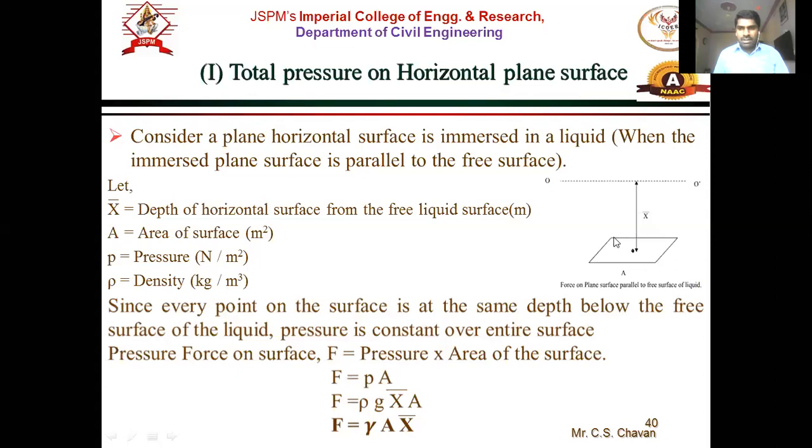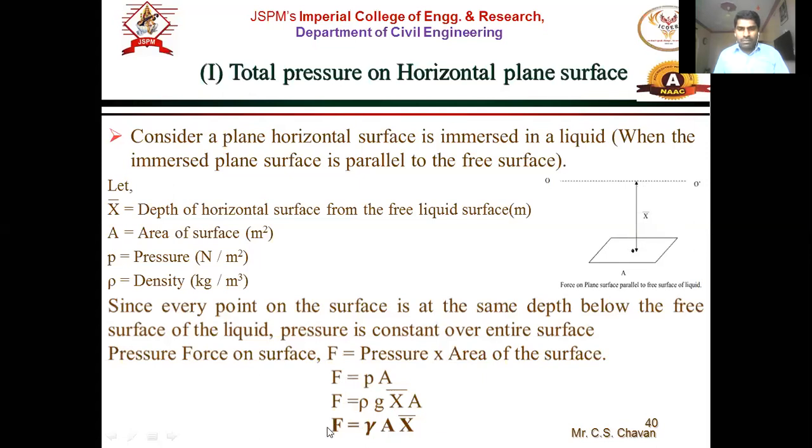So the pressure is constant, therefore P into area will give you the pressure force or the total pressure. So total pressure is nothing but P into A, pressure into area, and P is rho g h, and instead of h, that is pressure head, we have taken the static head here as x bar. So therefore rho g x bar into area, or gamma A into x bar.